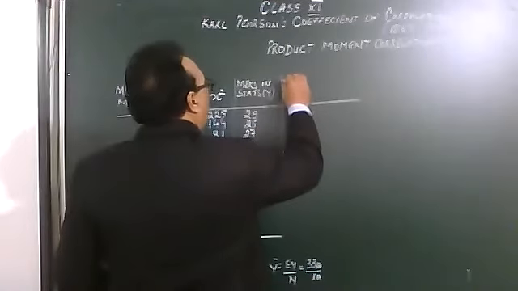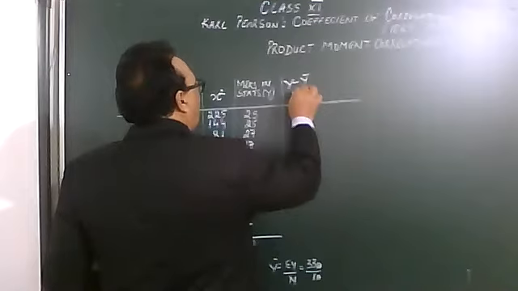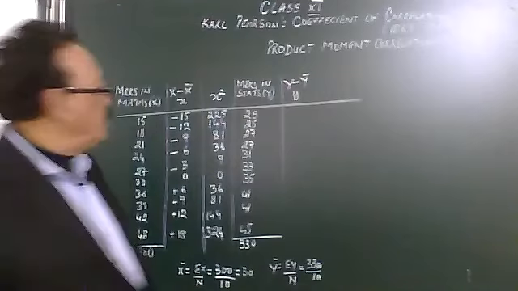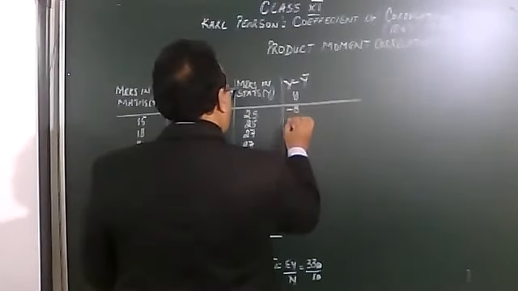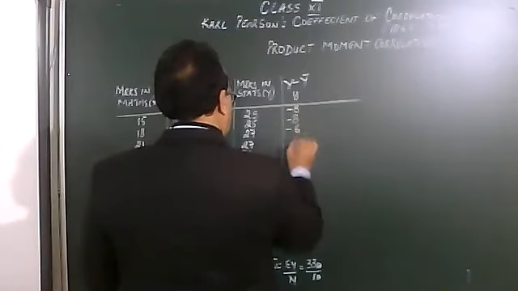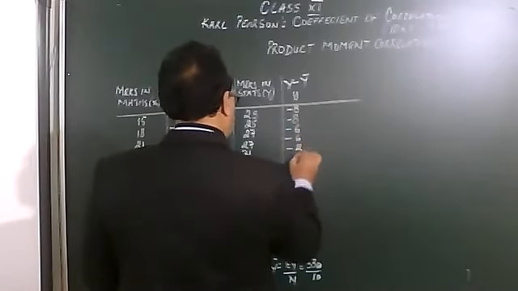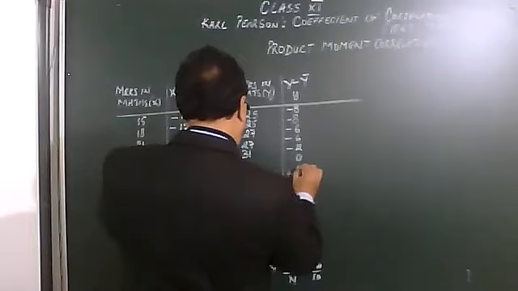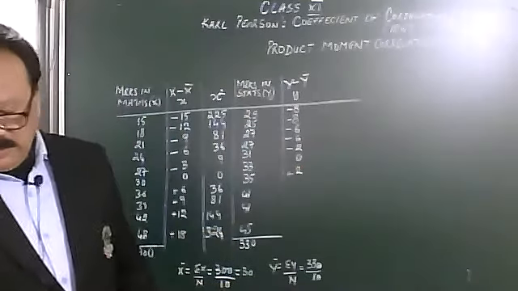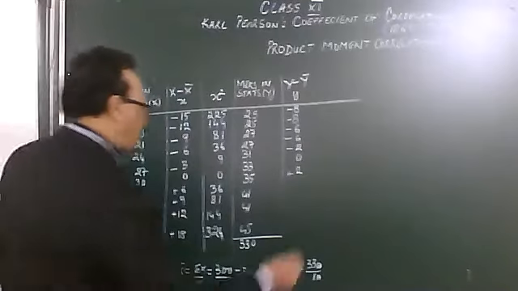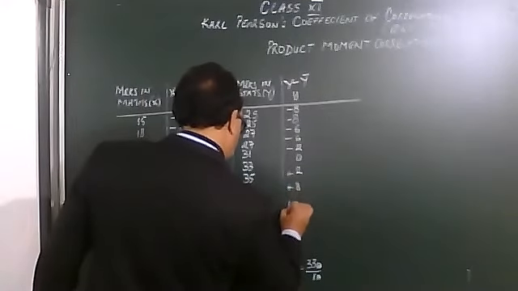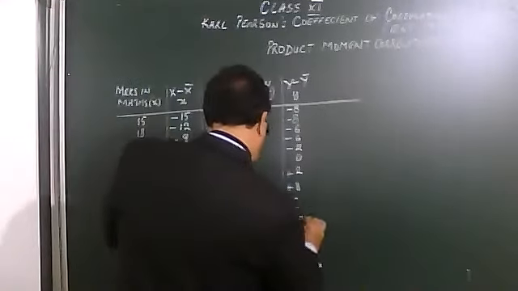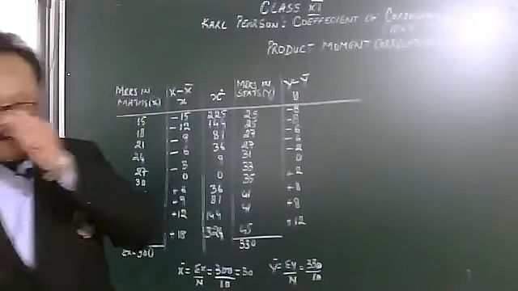So with 33 here we will say y minus the mean of y, and we call this small y. 33 minus 25 is minus 8, minus 8, minus 6, minus 6, minus 2, 0, plus 2, 41 minus 33 is 8, 45 minus 33 is 12.